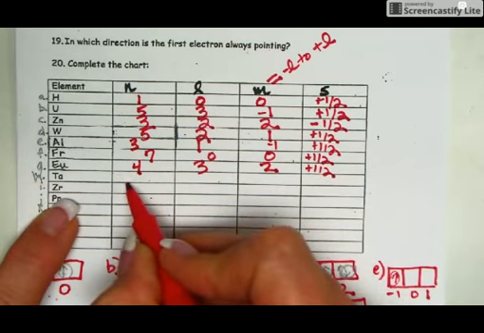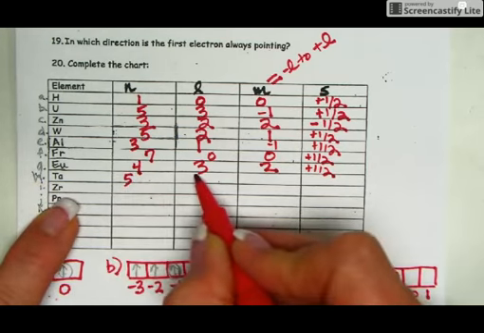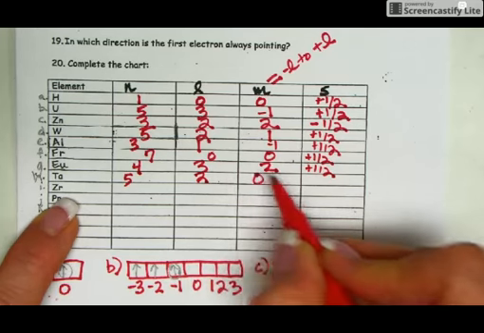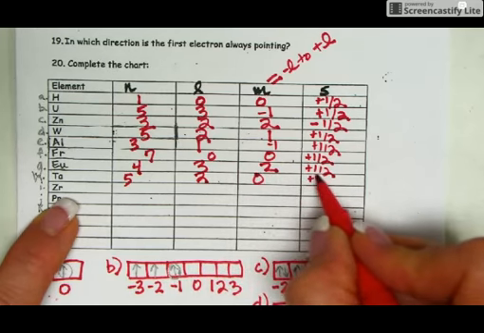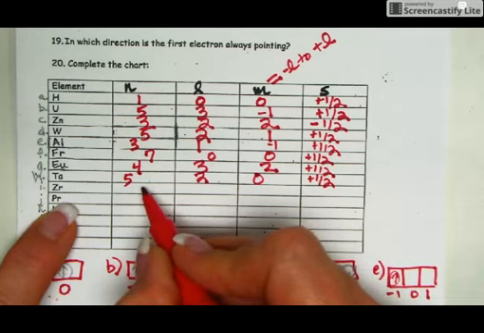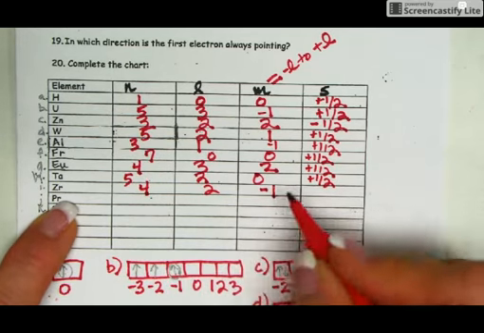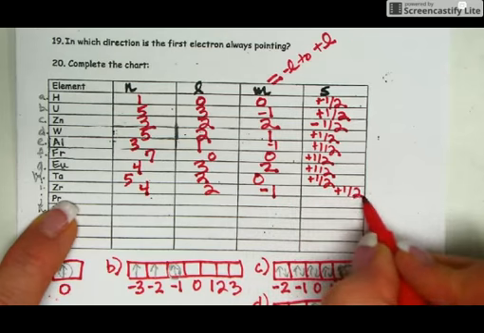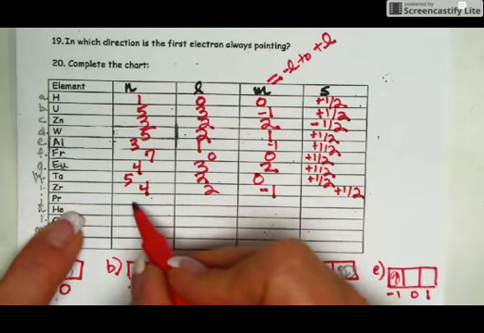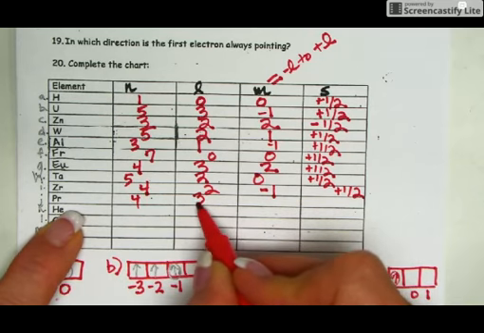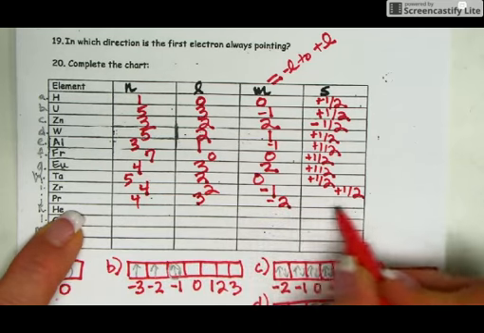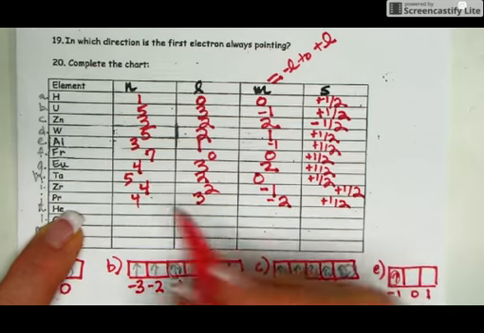For tantalum, 5, 2, 0, positive 1/2. Zirconium, 4, 2, -1, positive 1/2. For praseodymium, 4, 3, -2, positive 1/2.